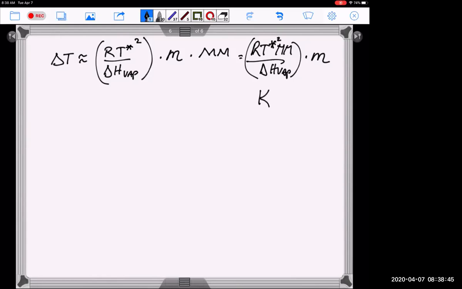So what you see here is a constant, and a new constant is given for freezing point and boiling point depression times m, and so delta T of boiling is equal to KB m. Right, any questions about that?